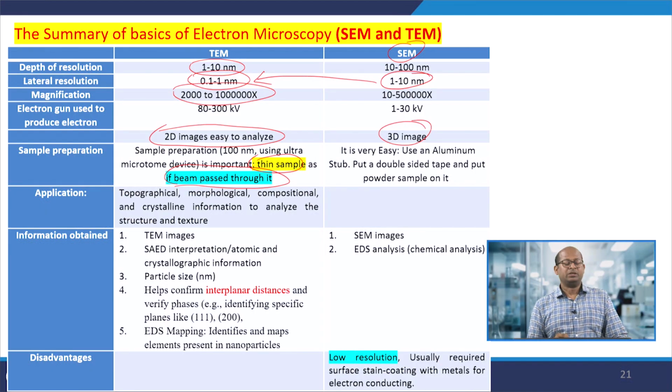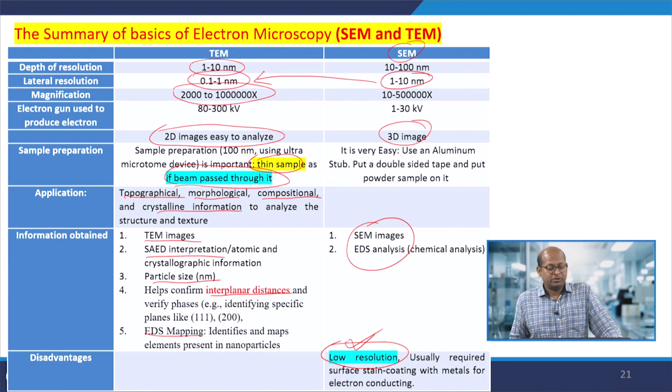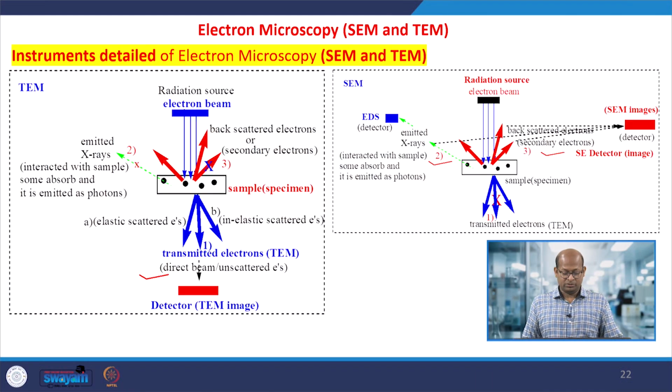Applications include topographical, morphological, compositional and crystalline information. From the TEM image we can get particle size and interplanar distance, and EDS mapping can also be done. In SEM we also get an image, but the resolution is comparatively lower than TEM.